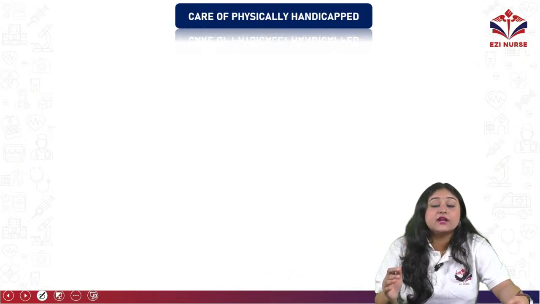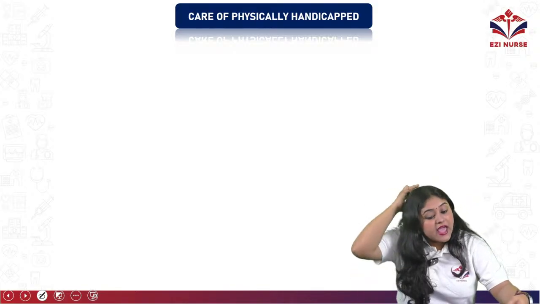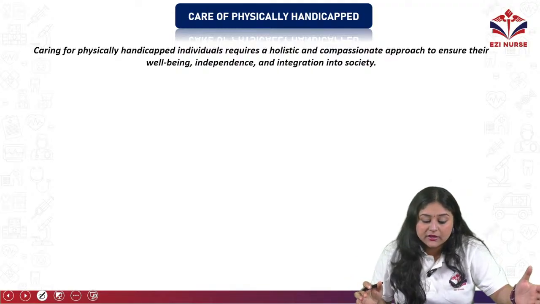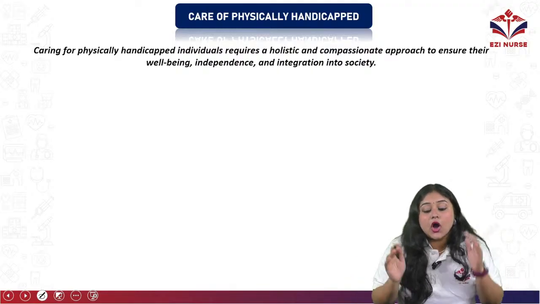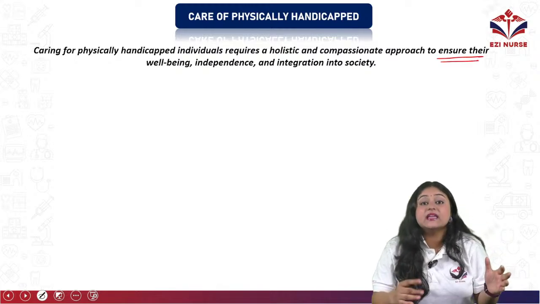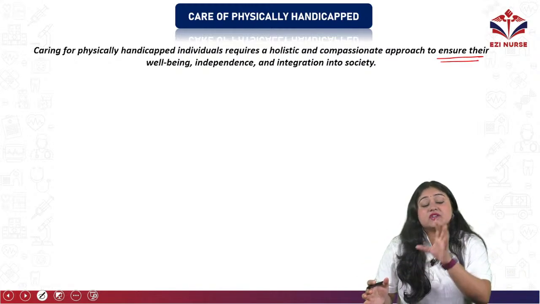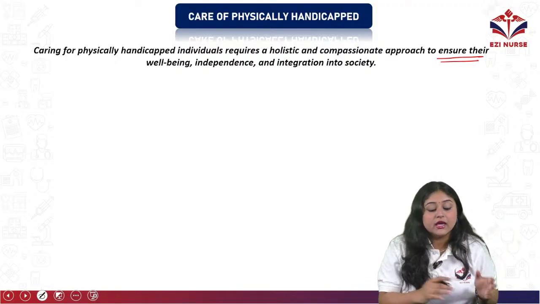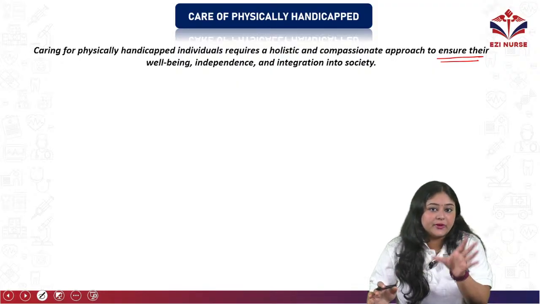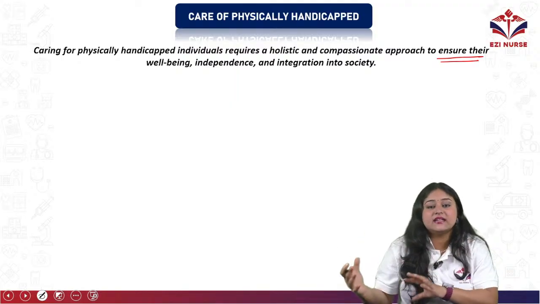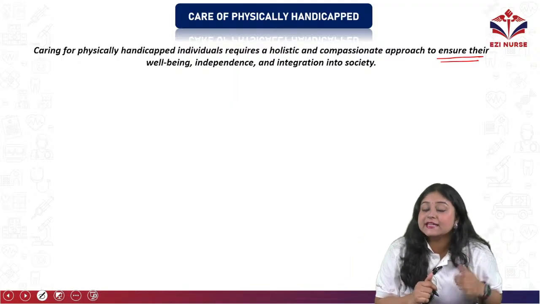Next one is the care of the physically handicapped. If a person is physically handicapped, what should be our role as a nurse? Caring for physically handicapped individuals requires a holistic and comprehensive approach, mainly ensuring their well-being, independence and interaction with society. Society is often not ready to accept such persons easily, right?